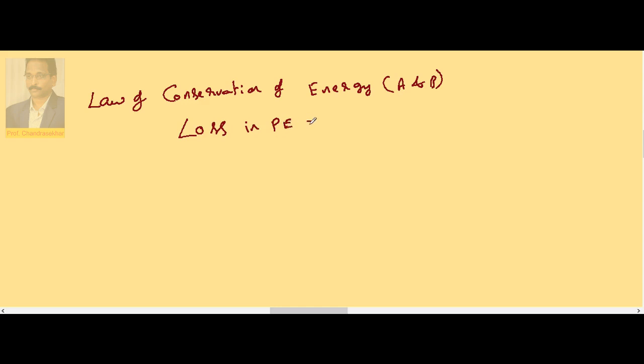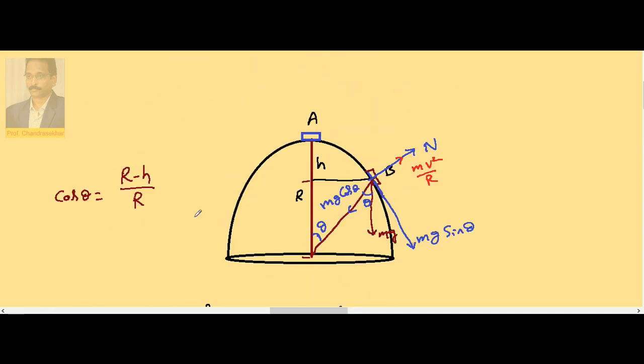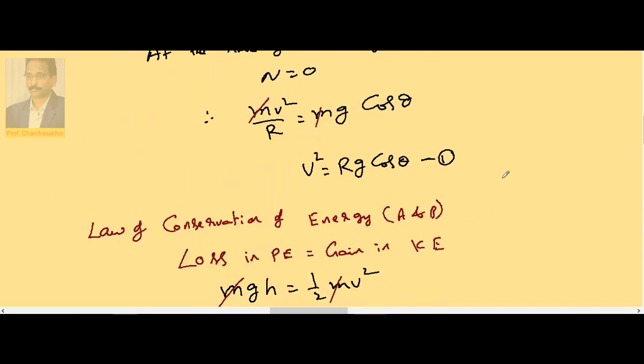This must be equal to the gain in kinetic energy. So as the body reaches B, it falls through a height h, and let us say gains a velocity v. So mgh is equal to half mv square, or v square is equal to 2gh. Substitute this v square value and also cos theta into the first equation.